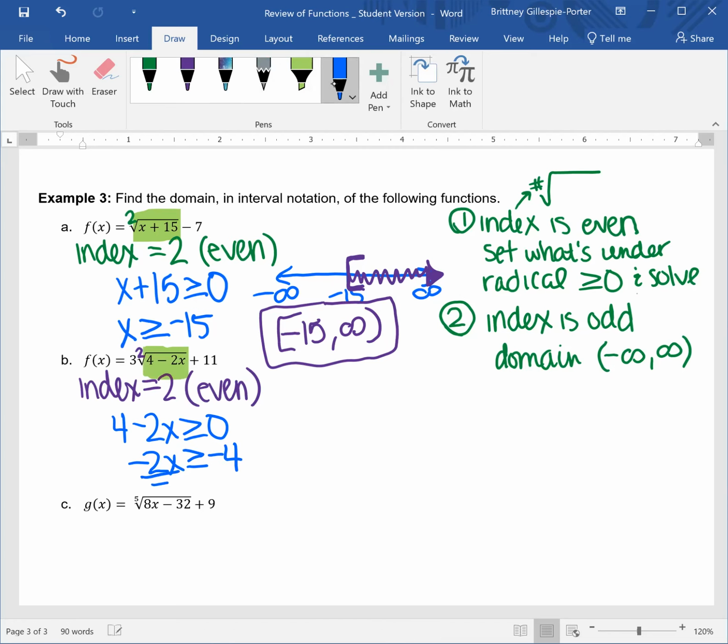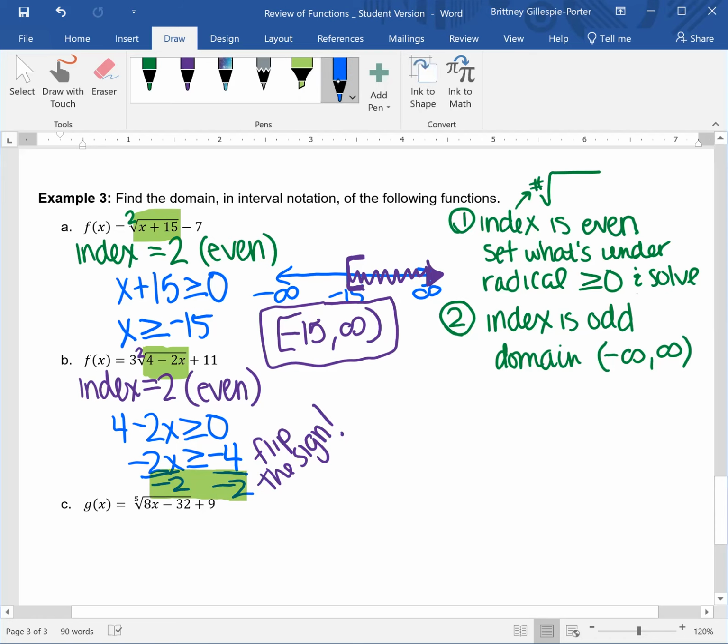And here, when we divide both sides by negative 2, we need to stop and flip the sign. Whenever you multiply or divide by a negative number, so since that 2 is negative, we need to flip our inequality sign, which means we're going to have x is less than or equal to 2, because negative 4 divided by negative 2 is positive 2.